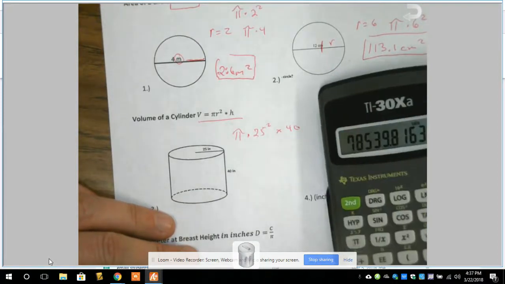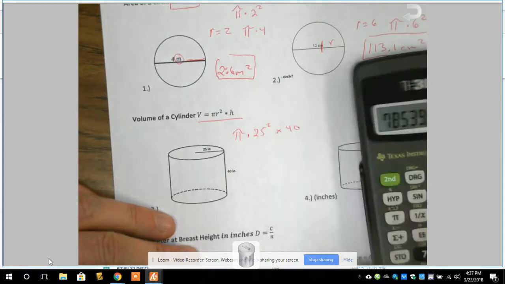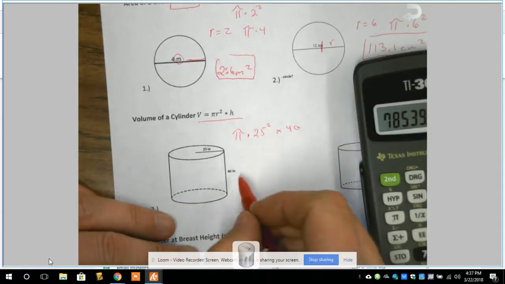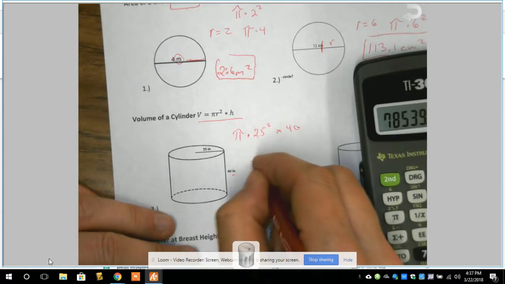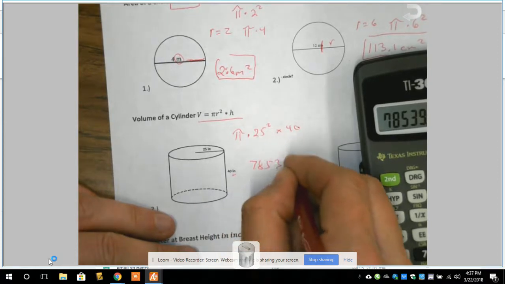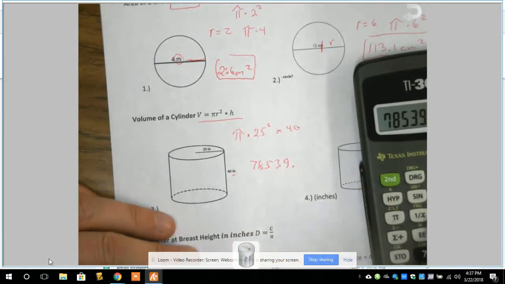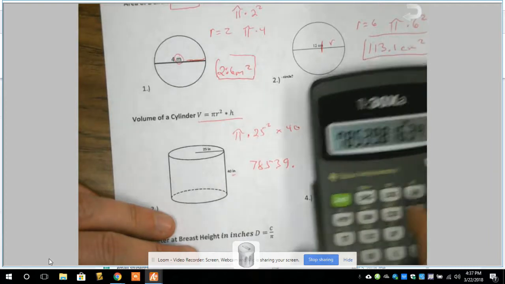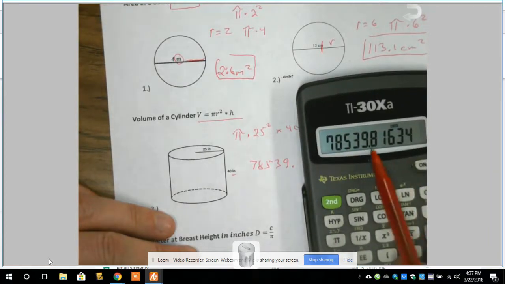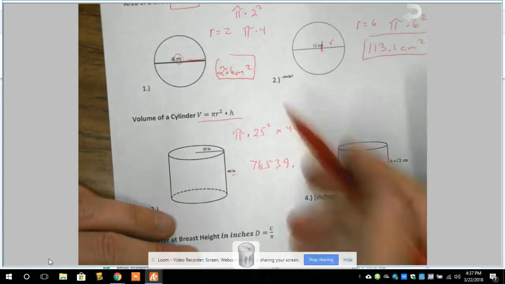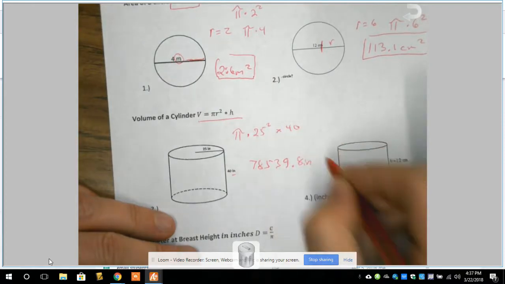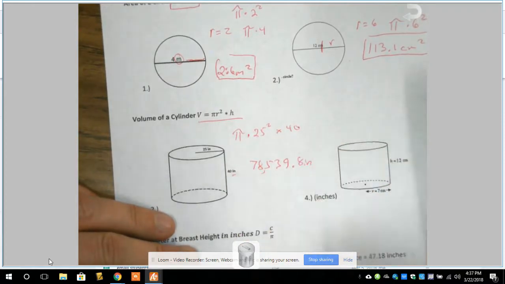Then I get that big old number right there. This is in terms of inches, because that's in inches. So 78,539 point 81, so it goes to 0.8. So 0.8 inches, and I put my commas there, so 78,539.8.